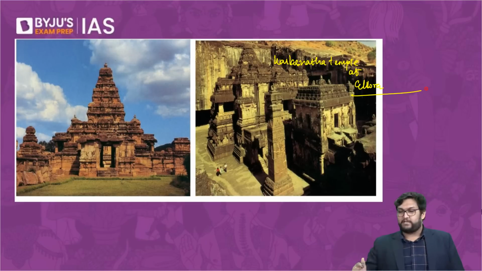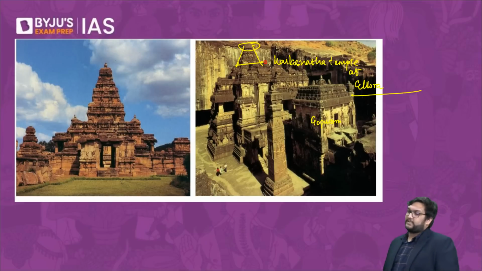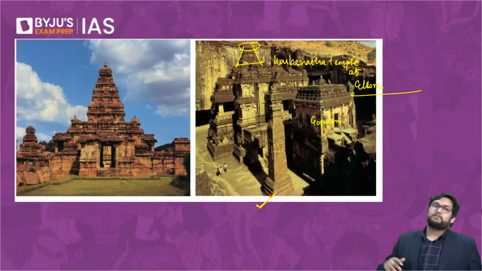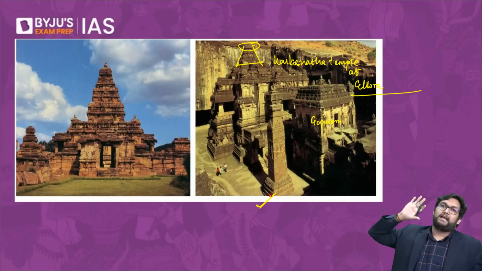And very simply, you can see it has a Gopuram-like structure also, but it is not very far away from it. It has a curvilinear shikhar, but its design is looking like a Dravida temple. But this is where rock cut architecture reached its highest point, because they basically carved out of a whole mountain. They made a whole temple.